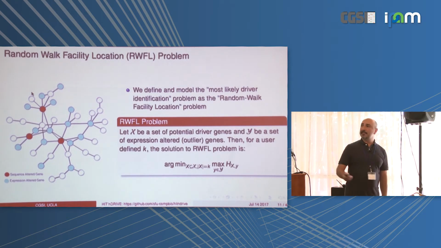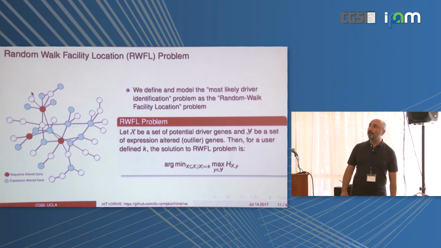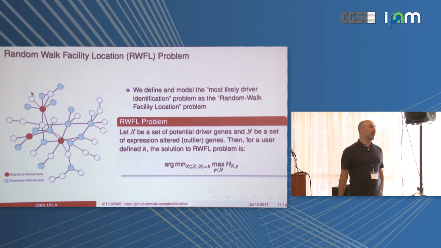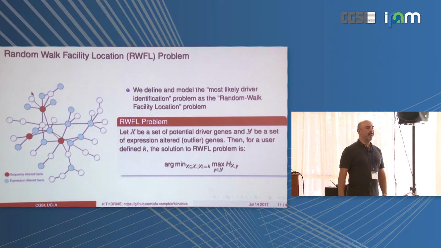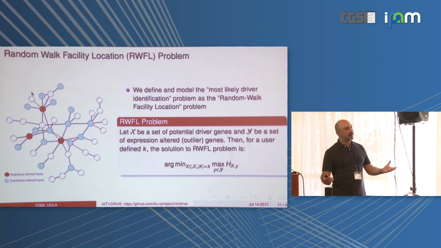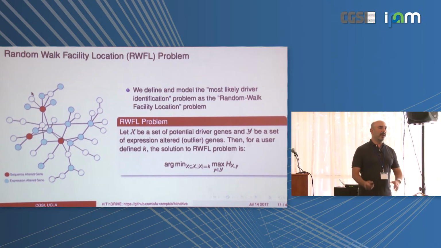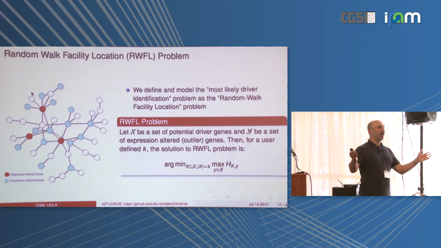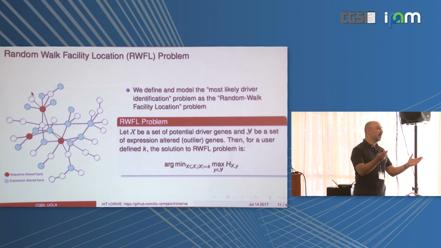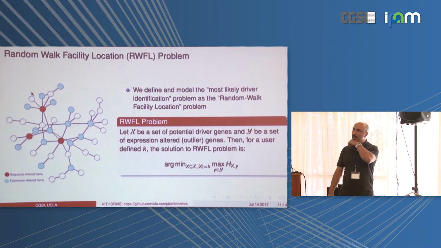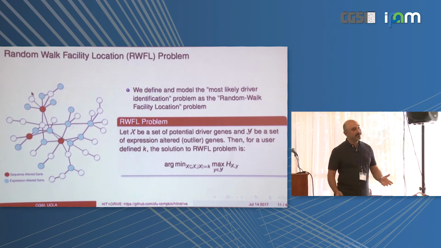So based on this distance, I can now define a random walk facility location problem, which is a generalization of the facility location problem. And I described this problem to some of the top people in approximation algorithms, facility location, and so on. They had never heard about that. This is one of the rare instances, in my opinion, where a problem in bioinformatics inspires work in computer science and discrete math in general, although they don't have a solution, I have to say.